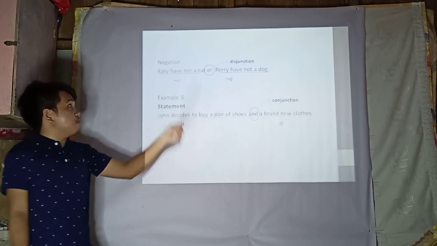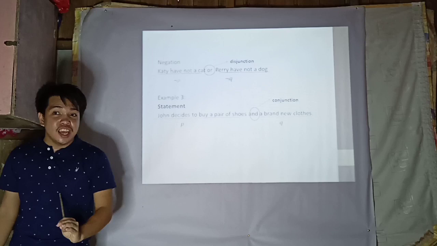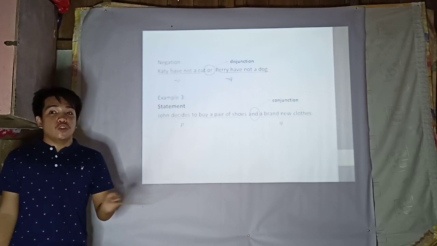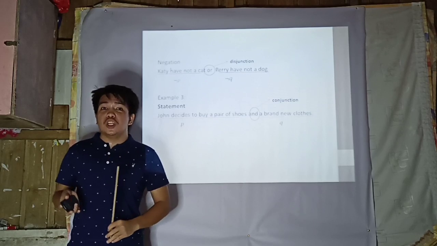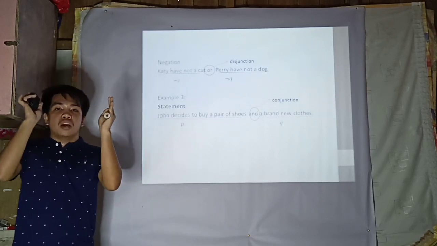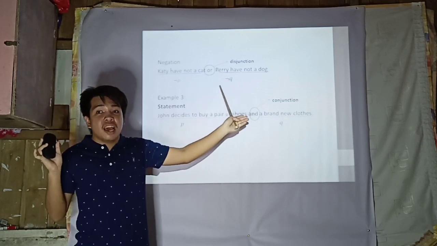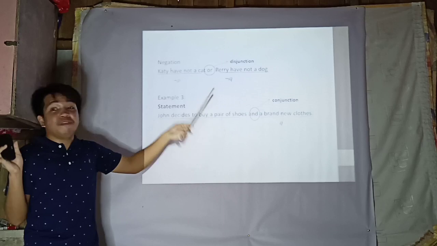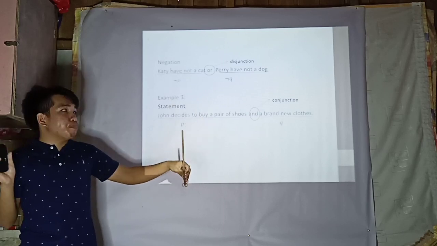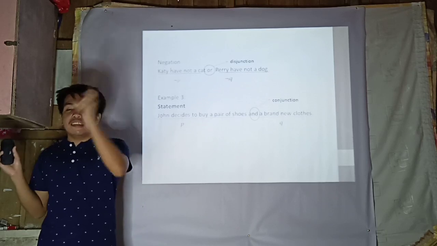So it is very understandable and very easy for you to know De Morgan's law for logic. All you need to do is notice every sentence in a statement to know if it is a disjunction or conjunction, so you can negate each statement.